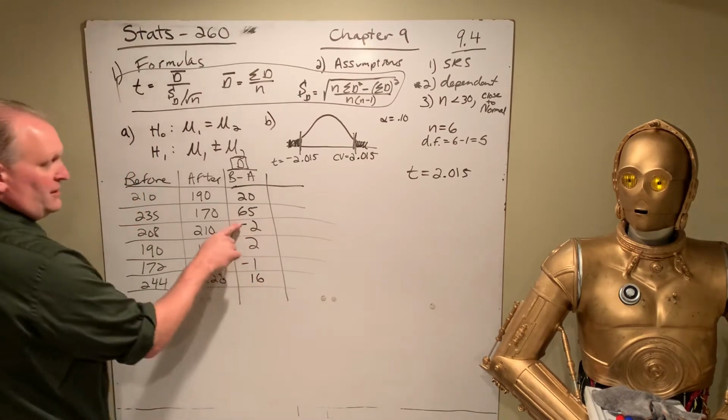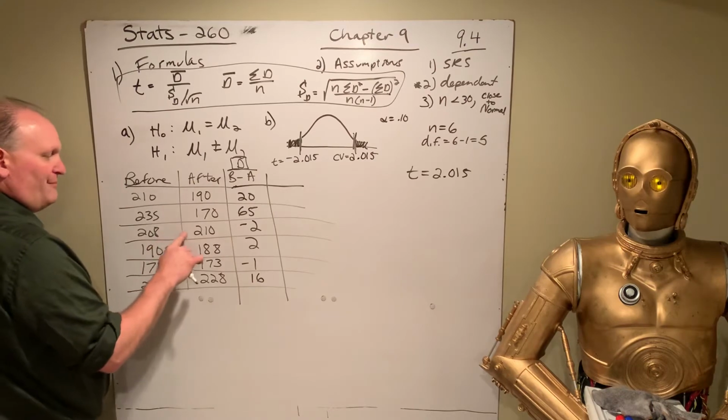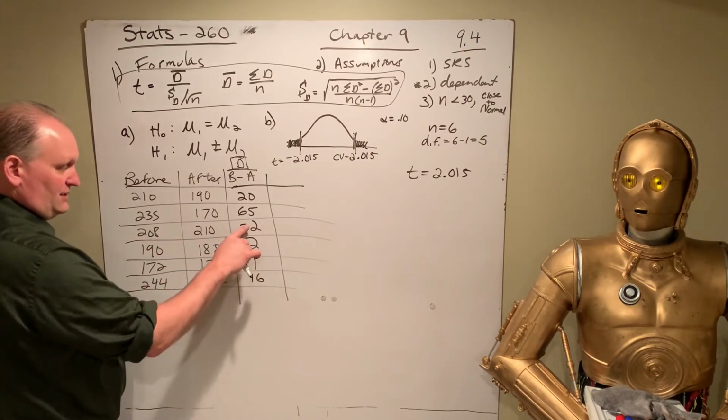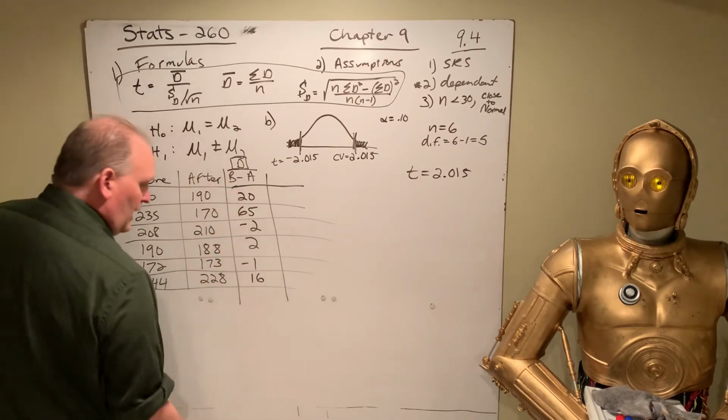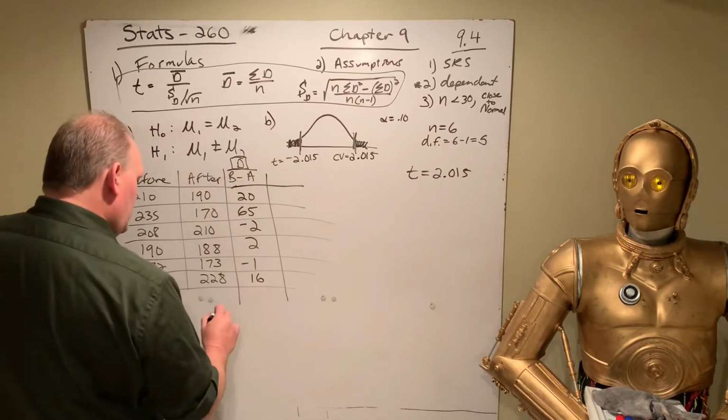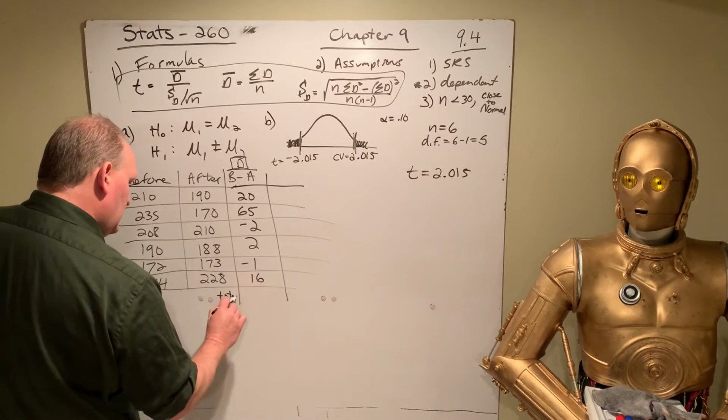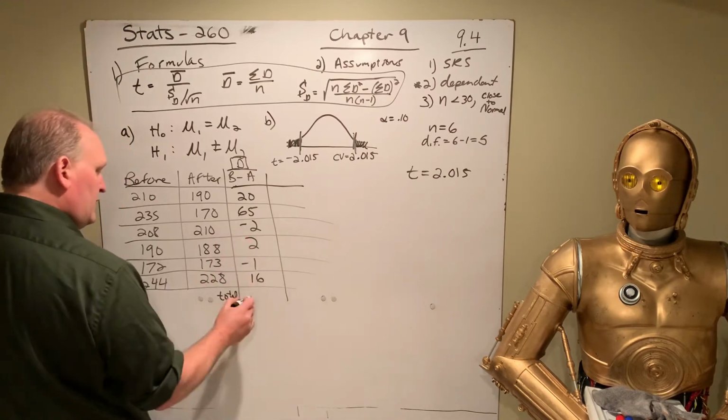And so it is important that you leave that before minus after is equal to this. So we can get negative values. That means it went up instead of down. We add all those together. I have a little total column here. So that's 100.